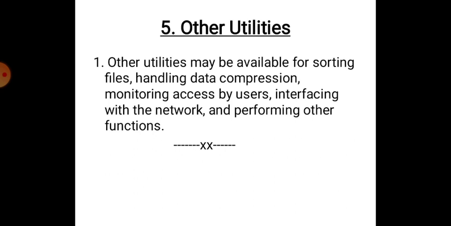Students, when you want to transfer data over the network, less memory is required, or the size should be less, and that is why data should be compressed. We should also monitor access by the users, because there may be malicious users who could damage the data or database as such. Hence, the data access by the user should be properly monitored by the DBA. Interfacing with the network, when data has to be transferred over the network, a good interface is required.